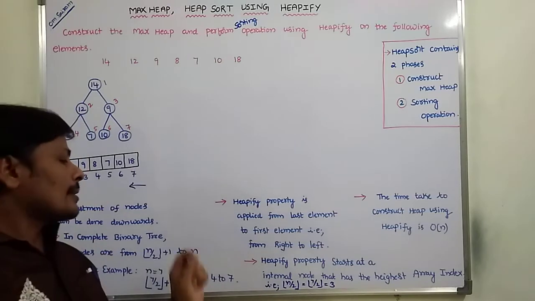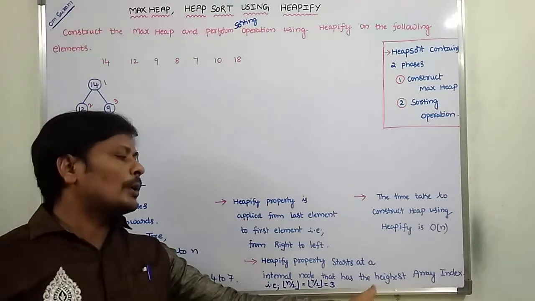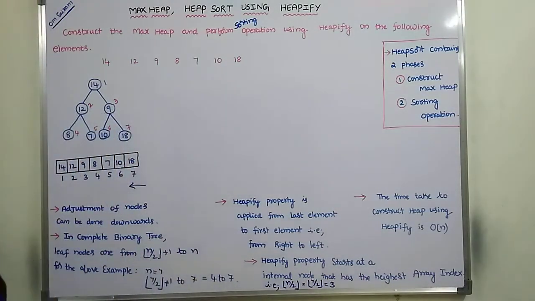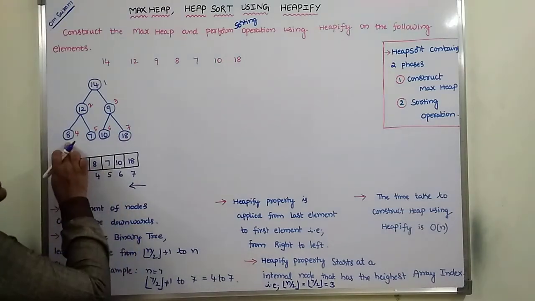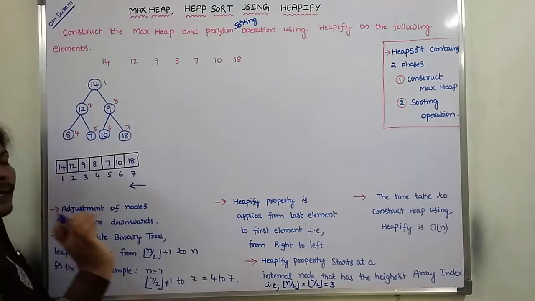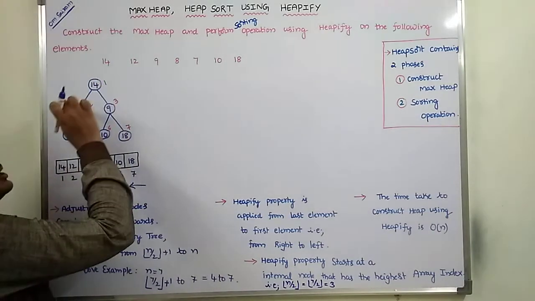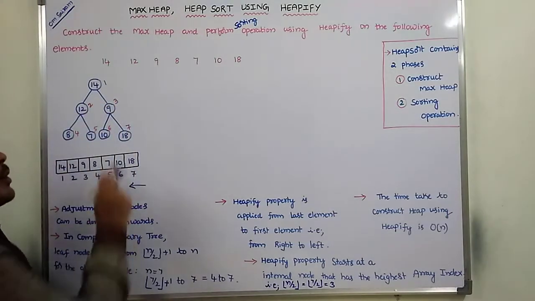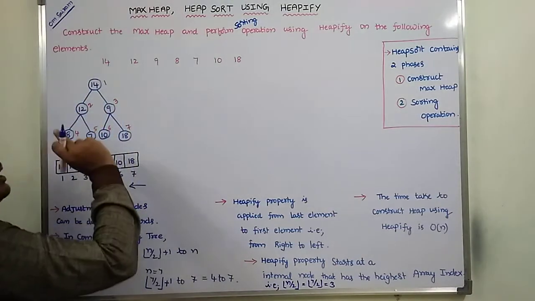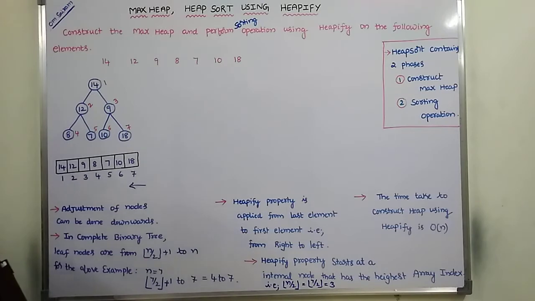Next, Heapify property starts at the internal node that has the highest array index. Here 8, 7, 10, 18 are leaf nodes. What are the internal nodes? 14, 12, 9. Among the internal nodes, which has the highest array index?